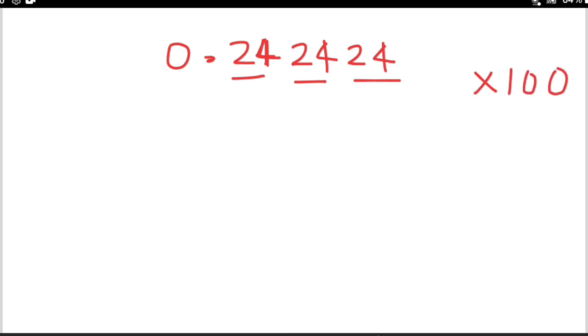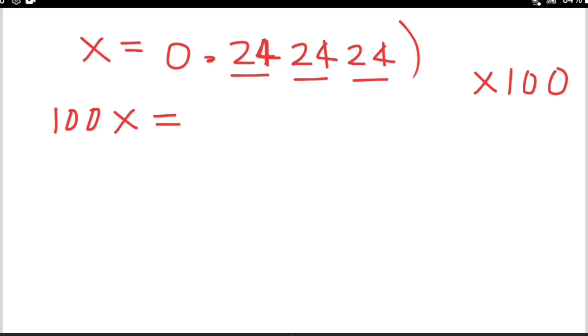So now just consider this as x, then multiply both sides by 100. Then you will get 0.242424 and so on times 100, which gives 24.242424, isn't it?